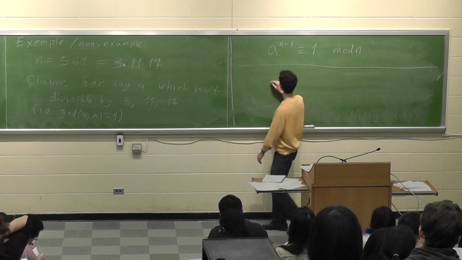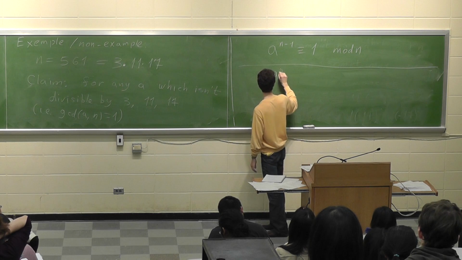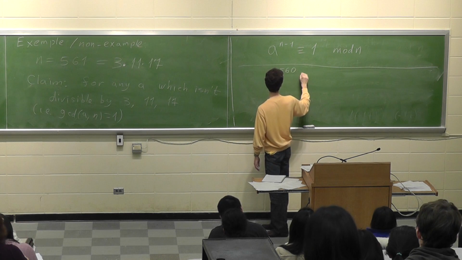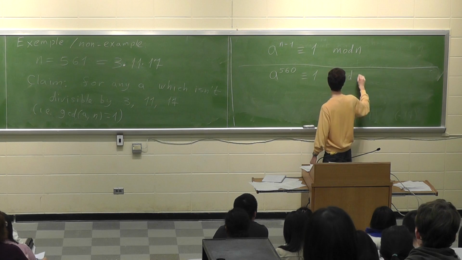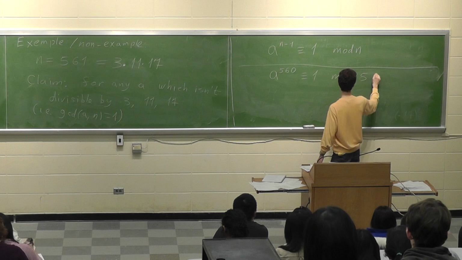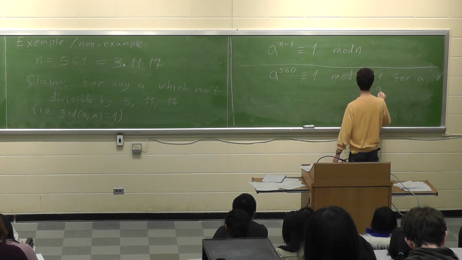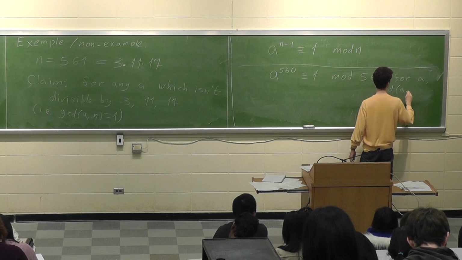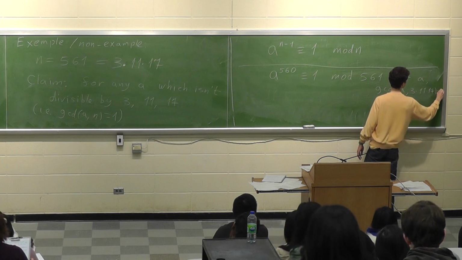In other words, a to the power of 560 is congruent to 1 modulo 561 for a such that GCD of a and this number is equal to 1.